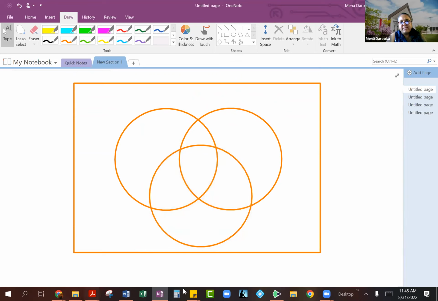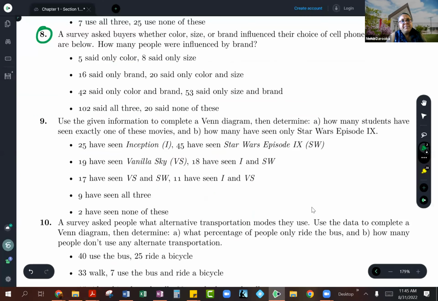Okay, and then let's see, they're talking about 5 said only color was the influence for them. 8 said only size. So remember, when you're talking about only color and only size, then we're basically saying it wasn't color and size. It was just the color itself or the size itself.